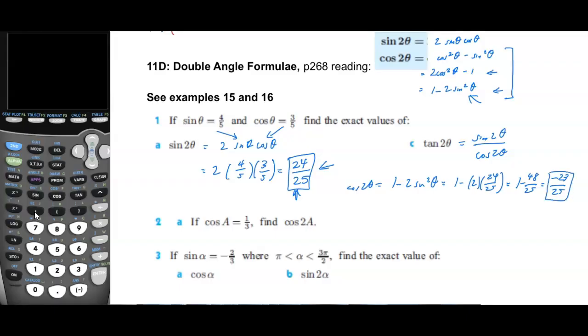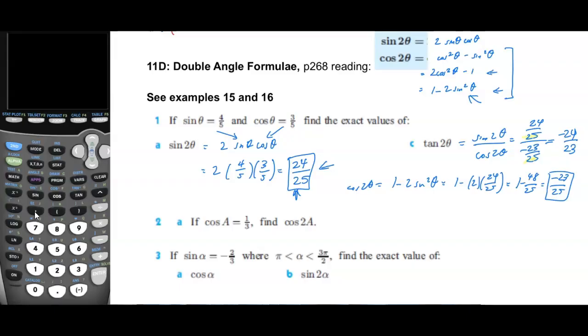So this is our cosine. So on the top, we're going to substitute 24 over 25. On the bottom, we're going to substitute negative 23 over 25. And then we're going to cancel out the 25s. And then we just end up with negative 24 over 23.